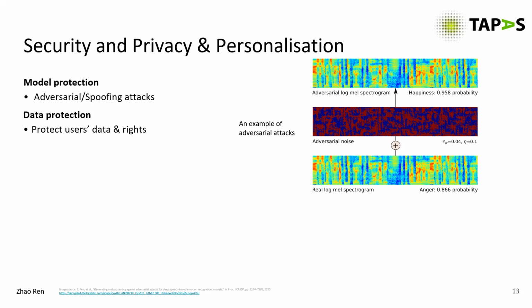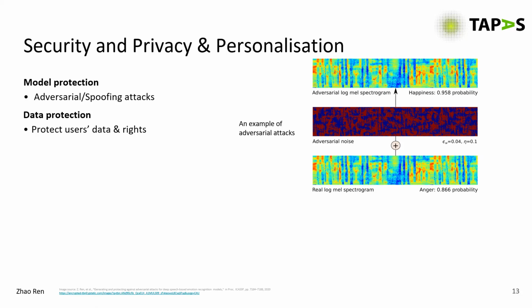But after adding a very minimal adversarial noise, we have the adversarial log-mel spectrogram. However, the model predicted the adversarial data as happiness with super high probability. So how to protect the model from adversarial attacks? It will be very interesting to explore.